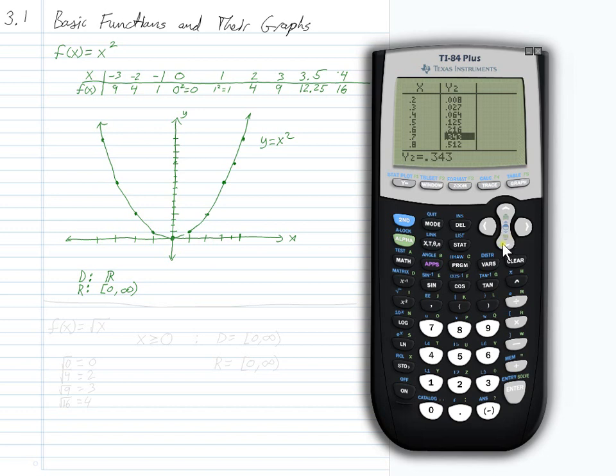If you were to really zoom in, which we can do on the graph, zoom way in, in fact, I'll change my window so it goes from -1 to 1 with an x scale of 1, so I won't have any tick marks getting in the way.